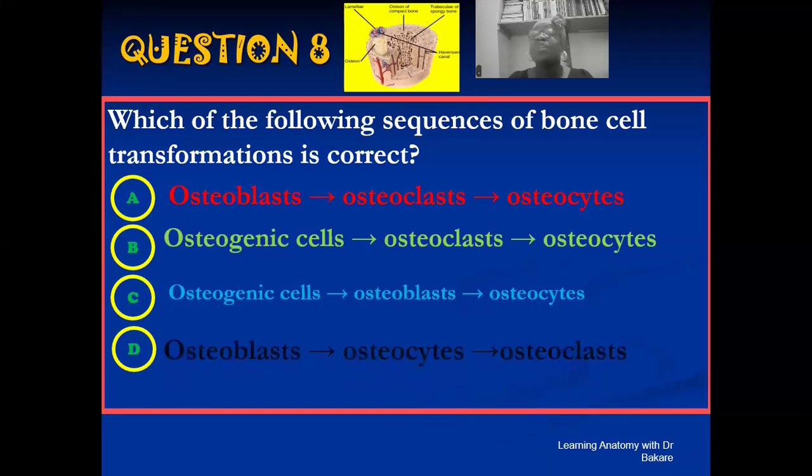Or is it from the osteoblast to the osteocytes, then to the osteoclast? Out of all these series of bone cell transformations, the correct answer here is from the osteogenic cell to the osteoblast, then to the osteocyte. This is how bone cells are transformed from one form to the other.